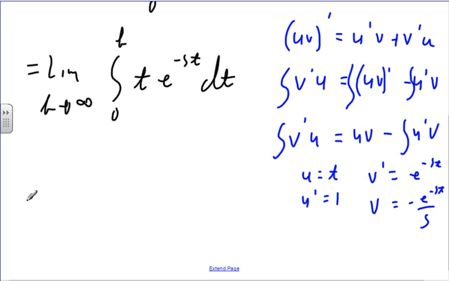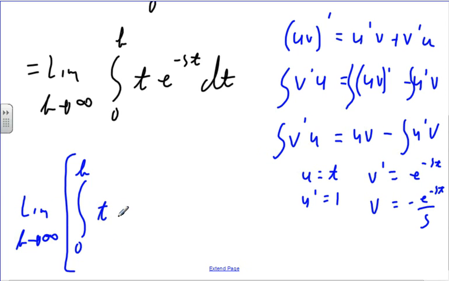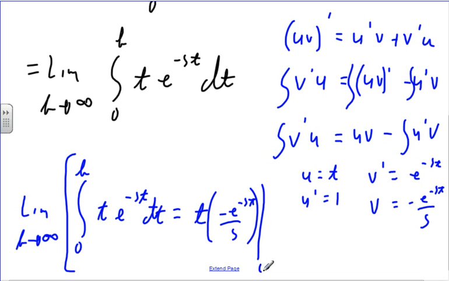Okay, so the limit as b goes to infinity. And don't tell me you don't remember this. You guys are in Calculus 3. They have to remember how to do integration by parts. The integral of t e to the minus st dt equals uv. What's u? That'd be t times minus e to the minus st over s, evaluated at 0 and b.